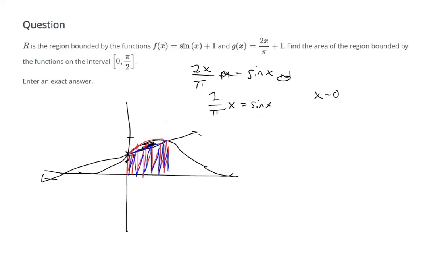So 0 is indeed where these two curves cross. So it starts at 0, and if we think pi over 2 is the place where they cross again after the sine wave has come back up and then come down on the other side, then we should be able to plug in pi over 2 and get a true statement on both sides.